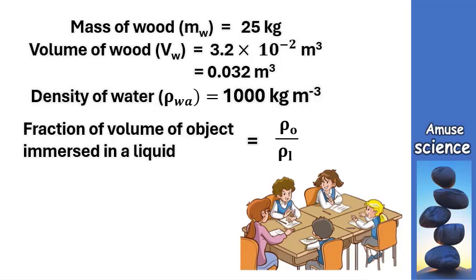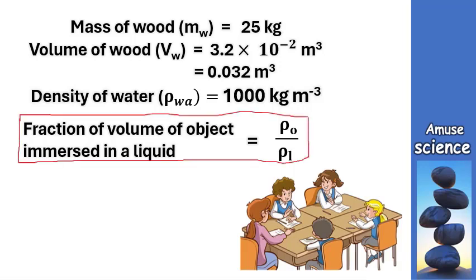So it means that if we know the fraction of the volume of the object immersed in the liquid, we can also know the fraction above the water's surface. Then, knowing the fraction above the water's surface, we multiply it by the given volume to obtain the volume of the wood above the water's surface. So this becomes our anchor equation for our solution.